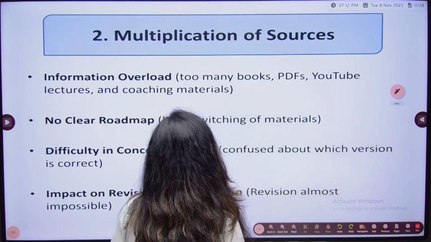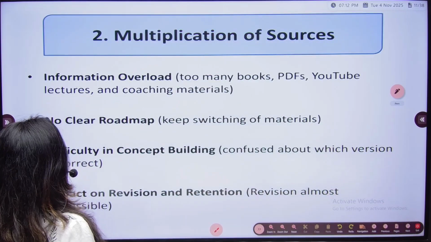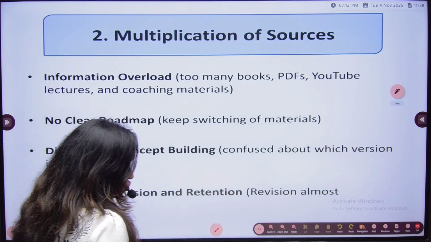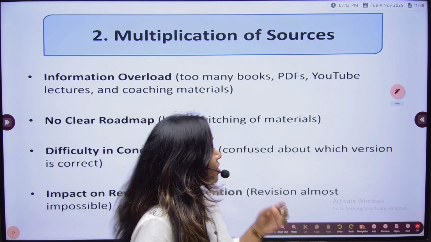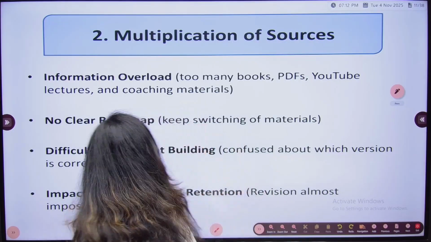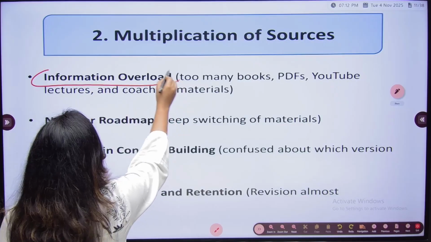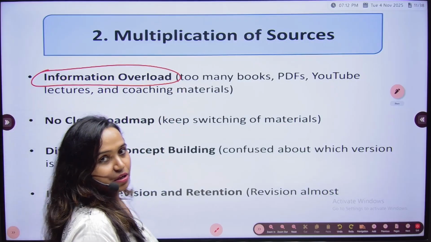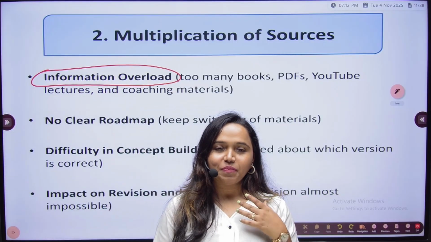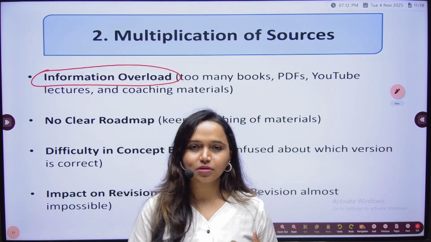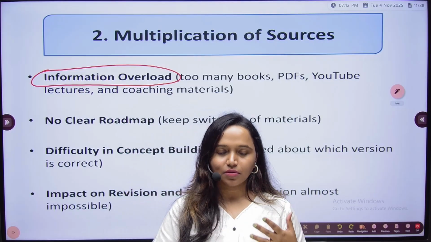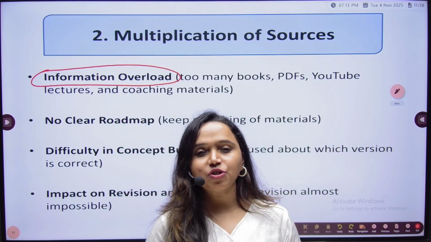The other challenge which a student faces when it comes to preparation of different exams is multiplication of sources. We know that there is information overload everywhere. Whenever you open any social media site, there are a lot of things because of the algorithm of artificial intelligence.